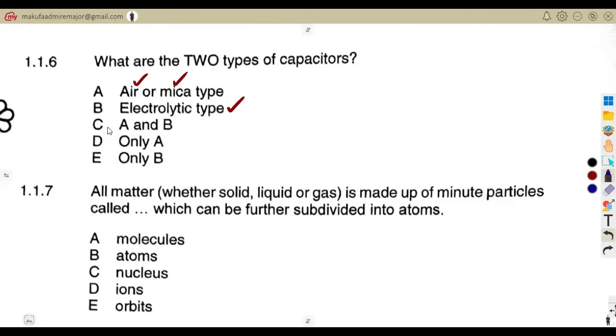So C, they're saying A and B. All right, A and B, so that is the true one. It can't be only A because B is also part of it. It can't be only B. So the answer was going to be A and B. These types are also types of capacitors. Remember those paper capacitors? It depends on the type of dielectric used there.